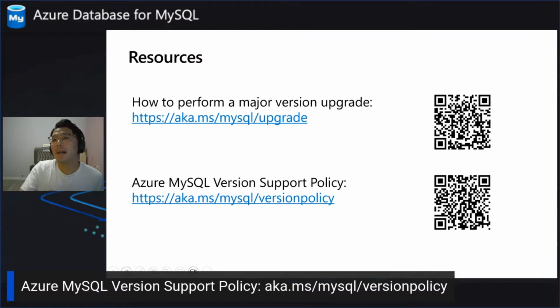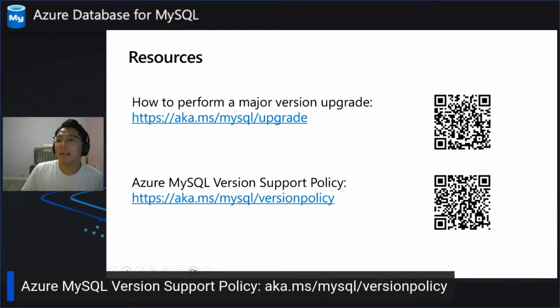Okay, so many of you may be curious about how to perform a major version upgrade, and to see some FAQs or the detailed support policies of our extended support. Here are two links you can visit. The first is how you can perform a major version upgrade. We have listed the detailed steps of how you can click the buttons on our Azure MySQL overview page and upgrade to the latest 8 version.